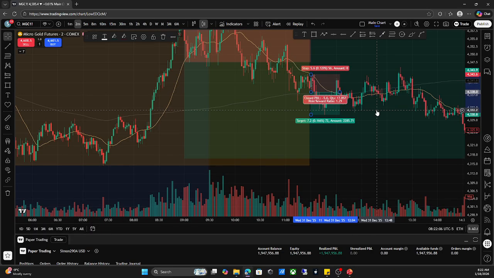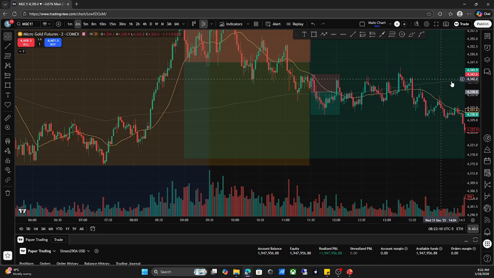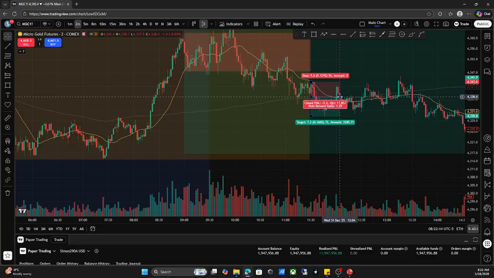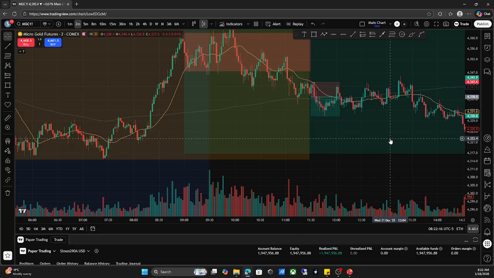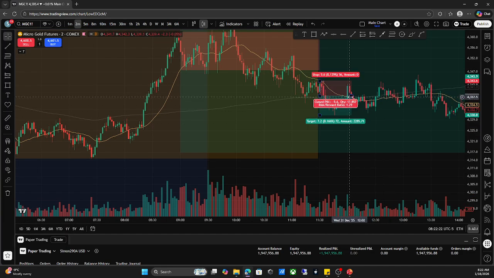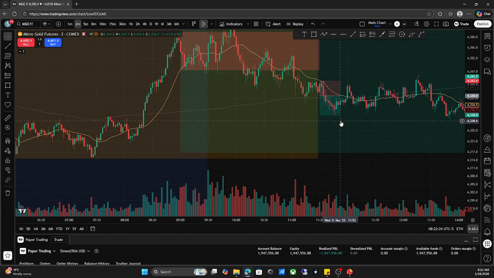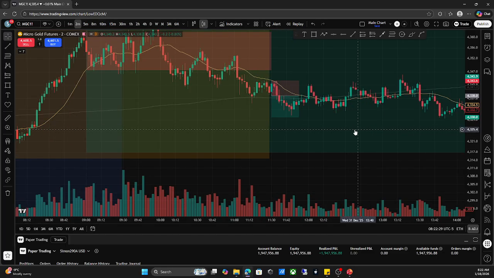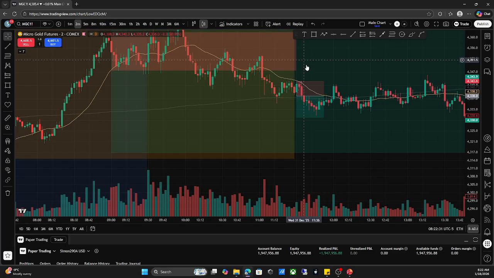Because we know the market was not even that profitable, it was like an accumulation market. So it would have been fair to take it 1 to 1 and just take it from here. But otherwise, this trade would have resulted in a loss if you wanted to hold more than that. But 1 to 1 is fine.